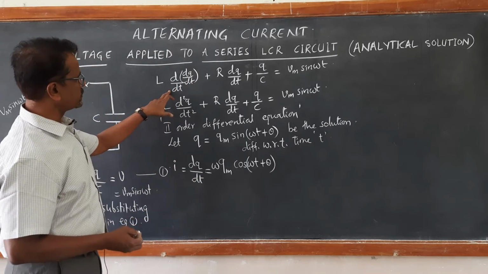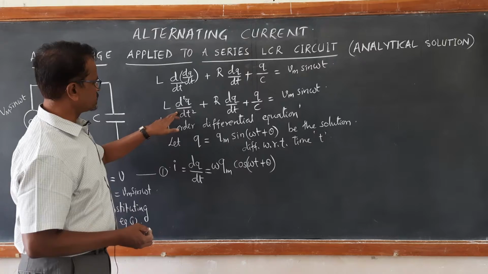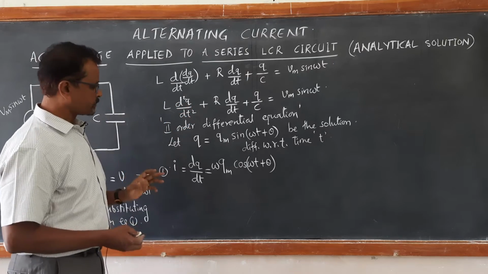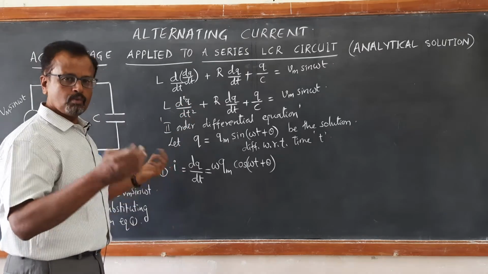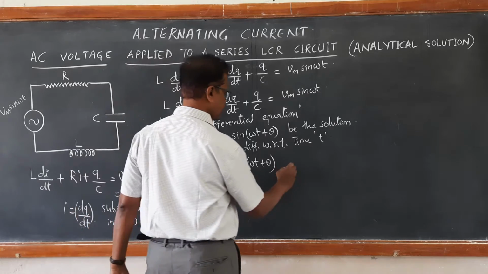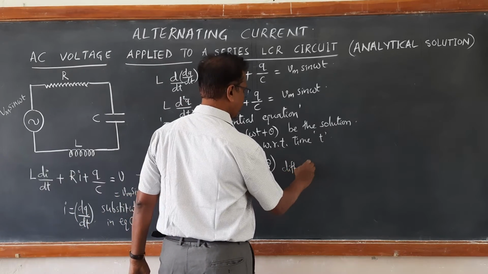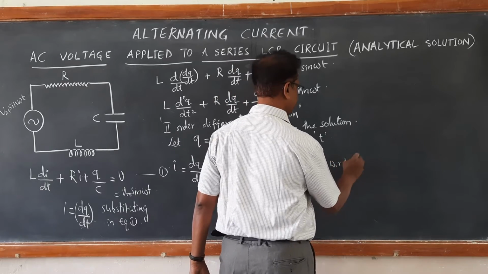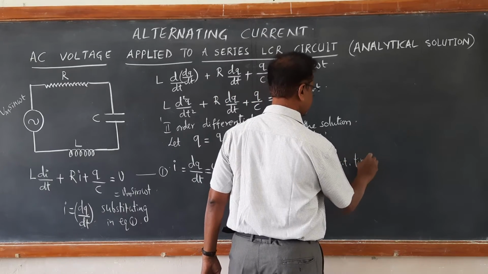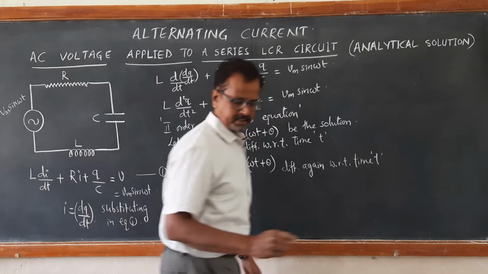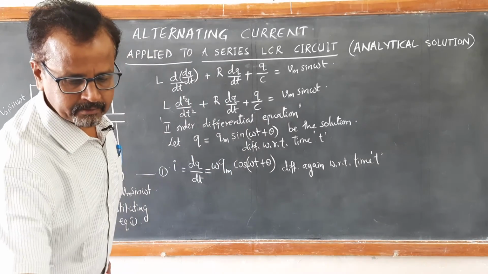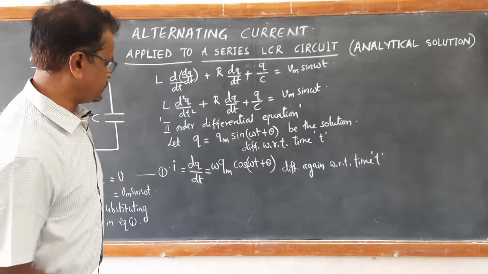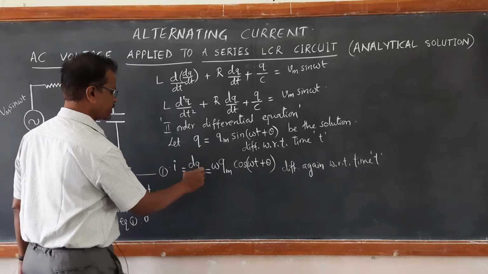But in the above equation we have d square q by dt square, which means we have to differentiate once again with respect to time t. Differentiating again, we get d square q by dt square.